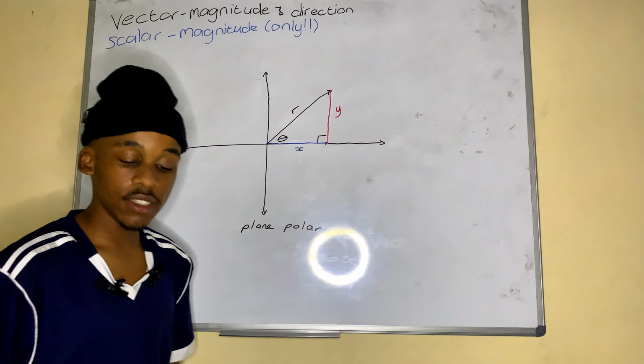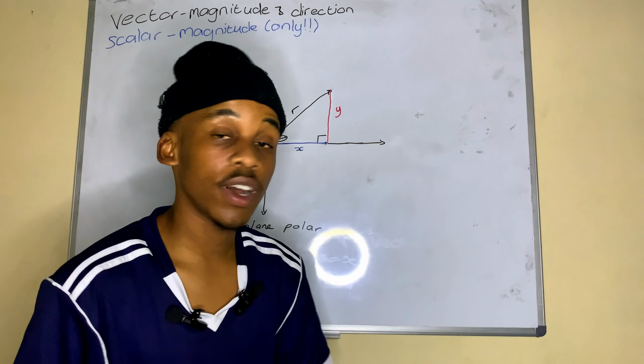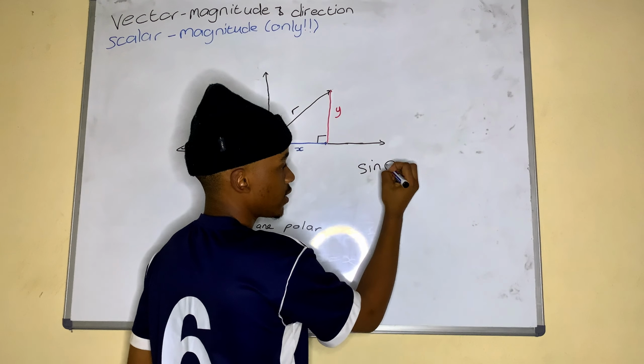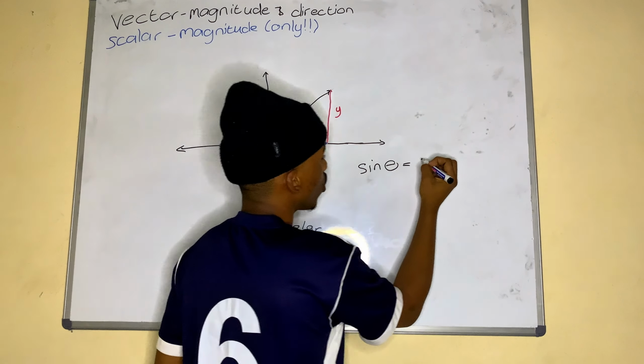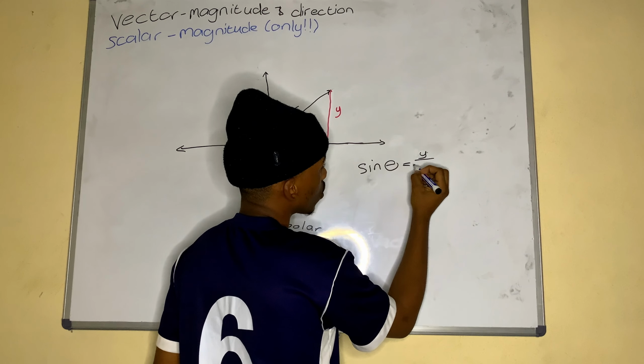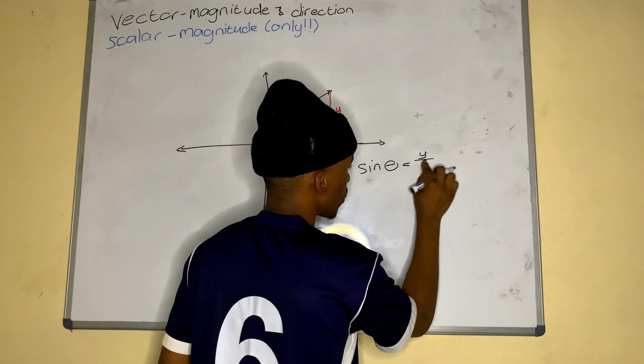And so using SOHCAHTOA, we're able to find that sine theta would equal opposite, which is y, over hypotenuse, which would be r.